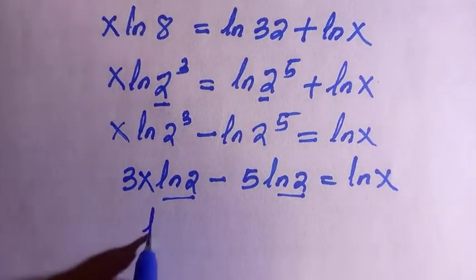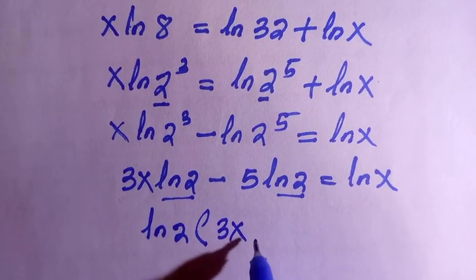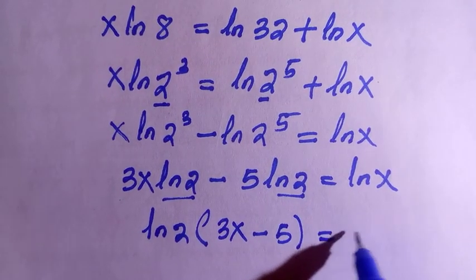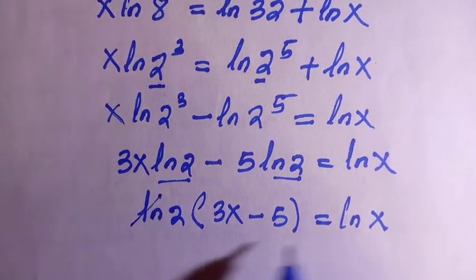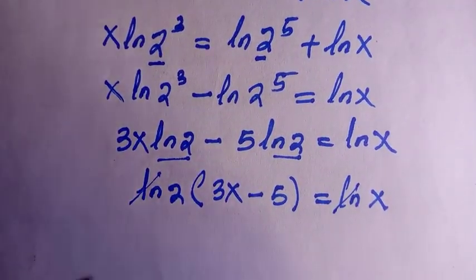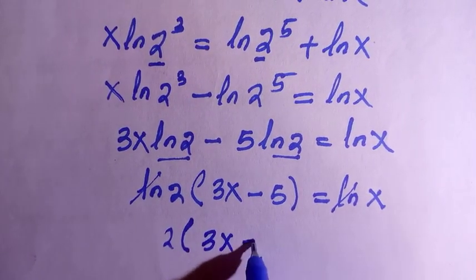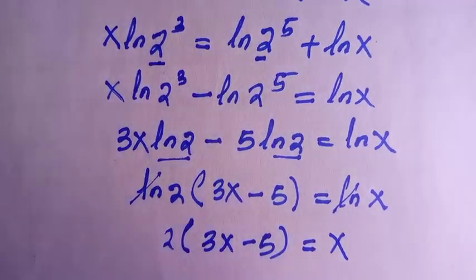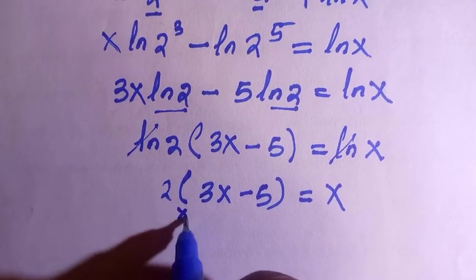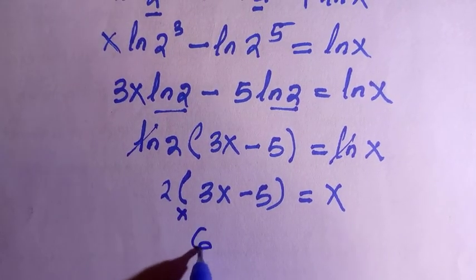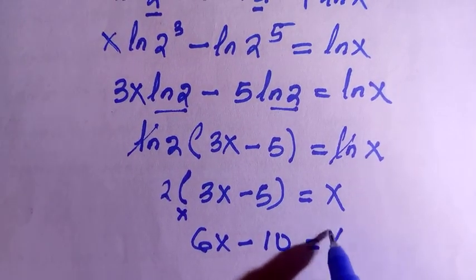Then we have ln 2 bracket 3x minus 5 equals ln x. And by cancelling the ln, we have 2 to the bracket of 3x minus 5 equals x. Then by opening the parentheses, we have 2 multiplied by 3x, that becomes 6x, minus 2 times 5, that is 10, equals x.